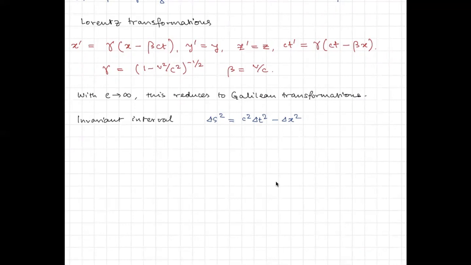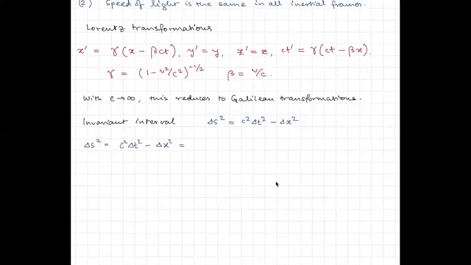In that case, you can start off with delta S squared. So delta S squared is going to be, as we have written, c squared delta t squared minus delta x squared. This you can rewrite in terms of the primed coordinates as we wrote down above.